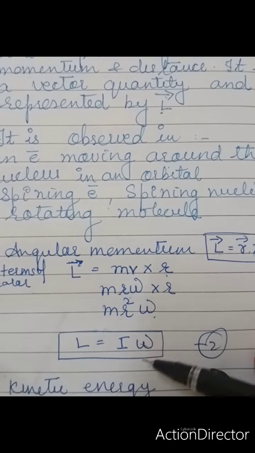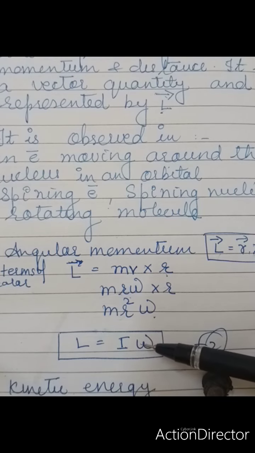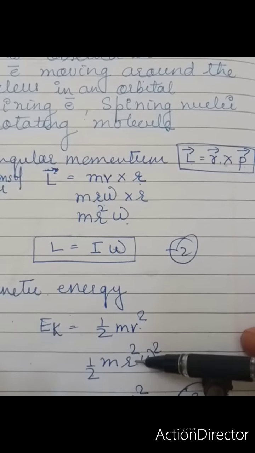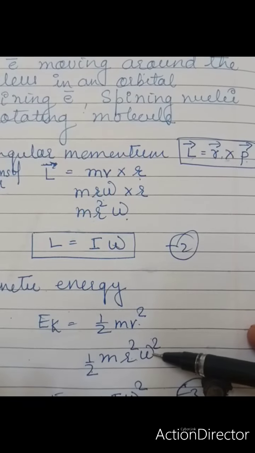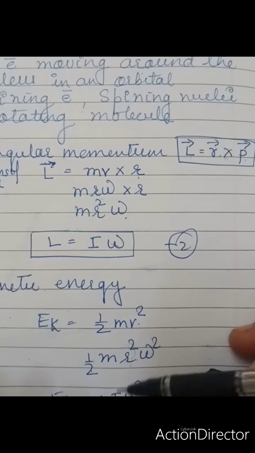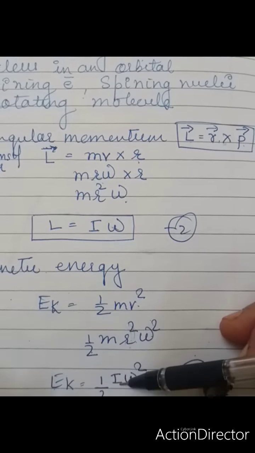Now let us calculate the kinetic energy in this case. Kinetic energy will be given by half mv square, and v you know that is r omega. So replacing v by this, it will become half mr square omega square, again mr square is nothing but I. So the kinetic energy will finally be half I omega square.